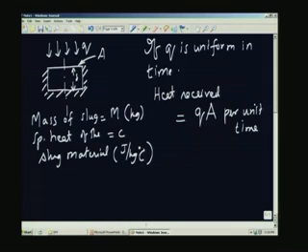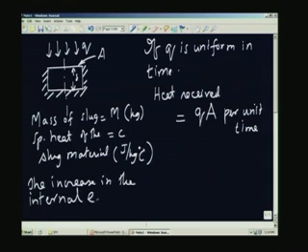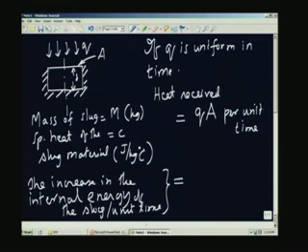So, the increase in the enthalpy of the slug, or internal energy of the slug, for a solid material there is no difference, again per unit time, this will be nothing but the rate of change of the internal energy.